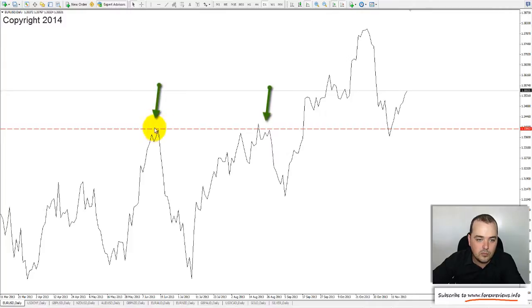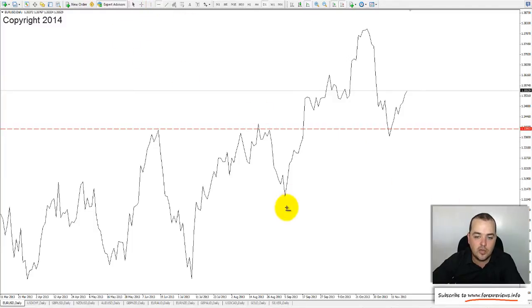We had one hit here, we had a second hit here, we actually had 3 hits here, and we also had a third hit here. That makes this a valid daily support and resistance zone. So when price comes back to this zone, you can start to look for buy trades. When price is below and price comes up to it, you'll be looking for sell trades with price action.